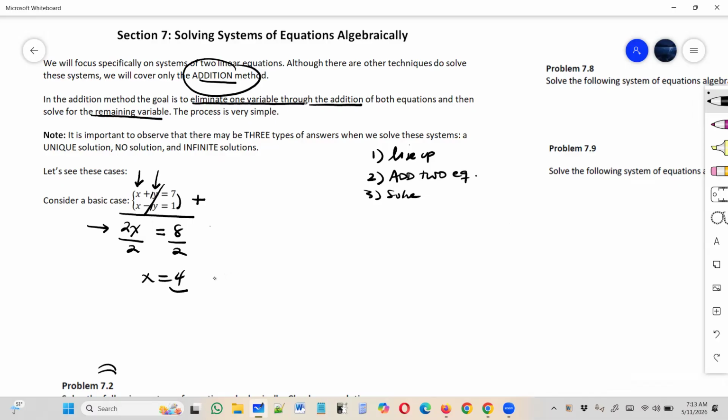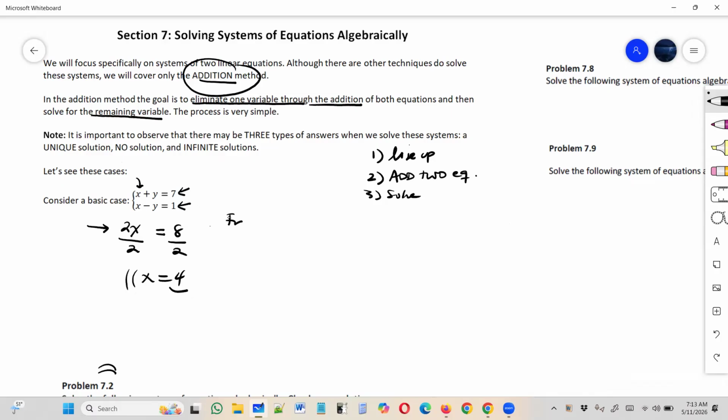Okay, so I already got one solution. I need to find the value of the other variable. This is what it means to solve the system of equations. Once I have one variable, you can go back into either equation, the first or the second, to find y. I am going to use the first.